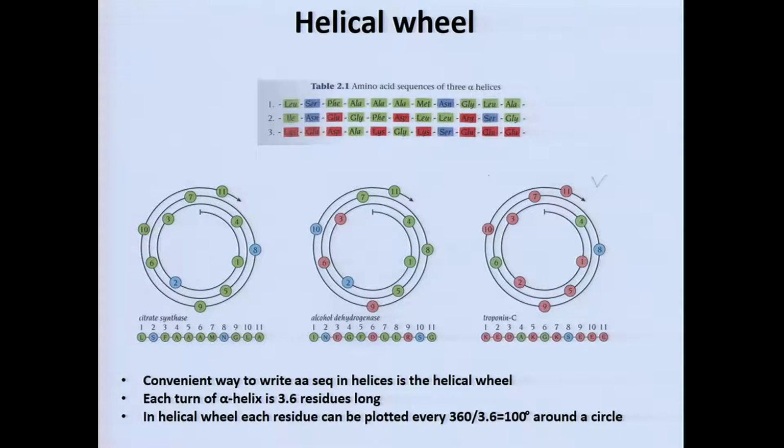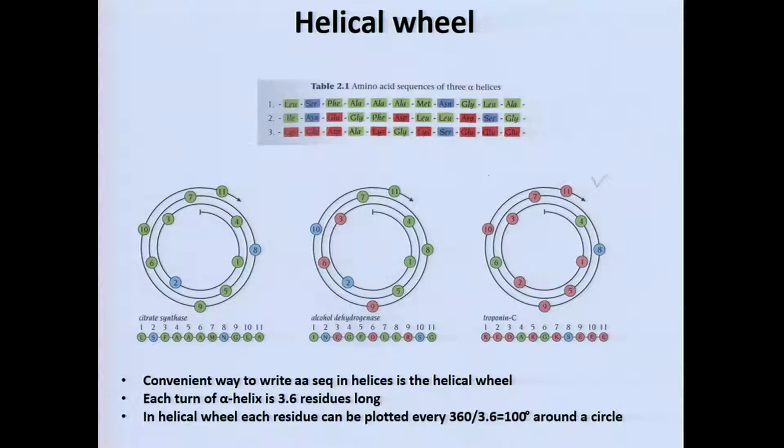So if you divide 360 degrees by 3.6, you get 100 degrees. And this 100 degrees is actually the angle between two residues in the alpha helix. So you can plot easily all the alpha helices.